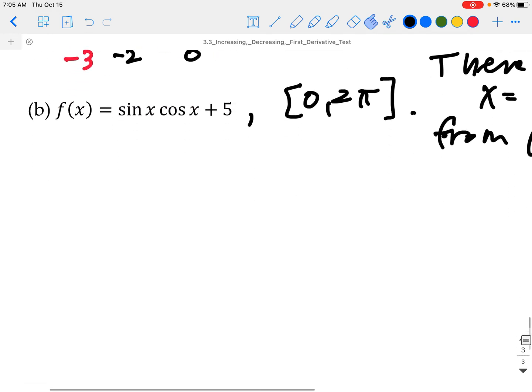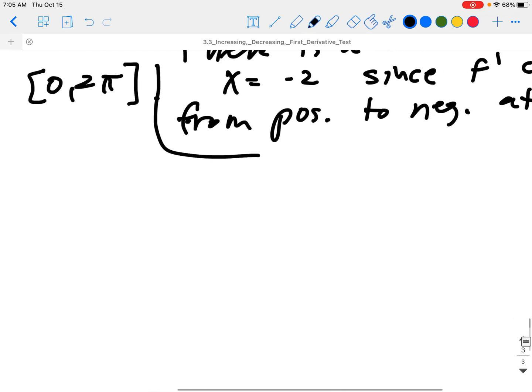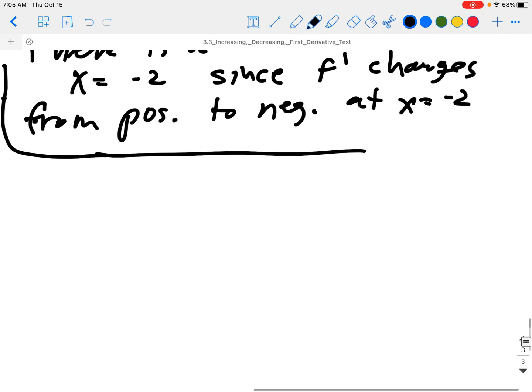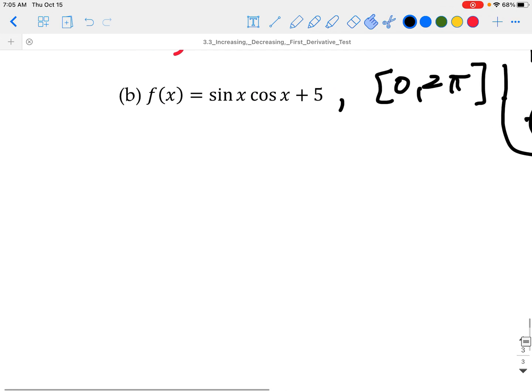All right. So now we've got cosine of x, sine of x plus 5. Let me close off that portion. All right, so let's go ahead and take the derivative. So we've got f prime of x. So we'll take the derivative of sine first.